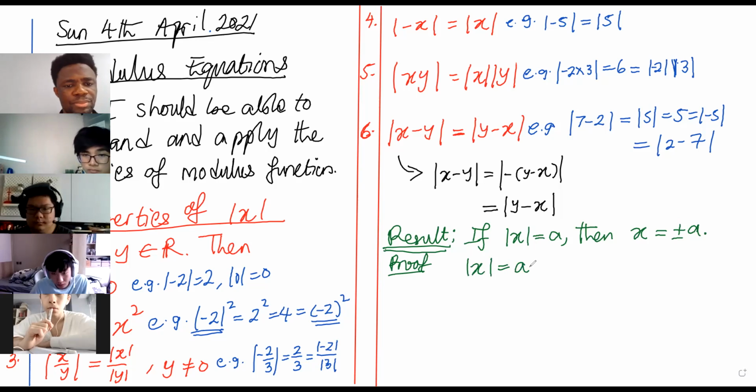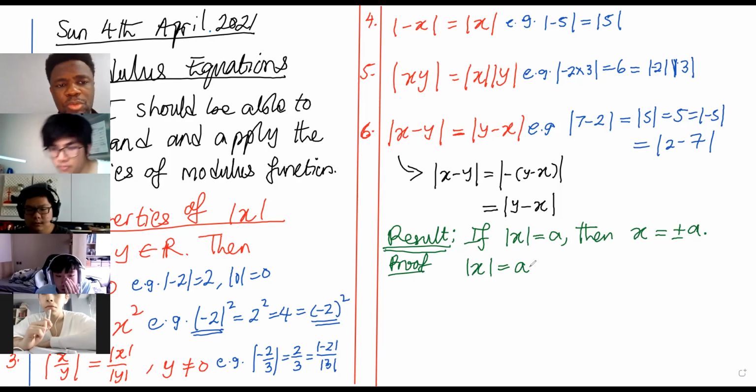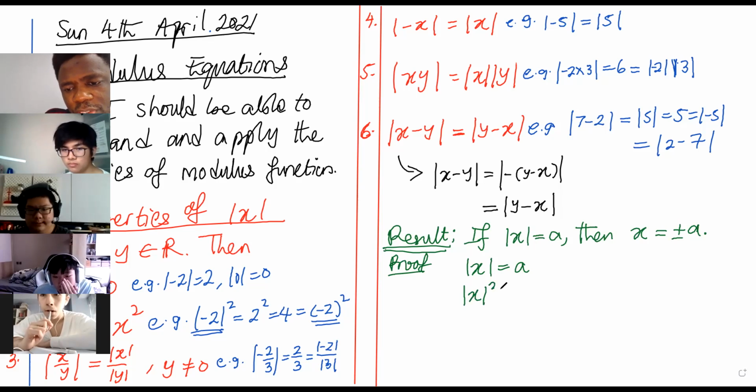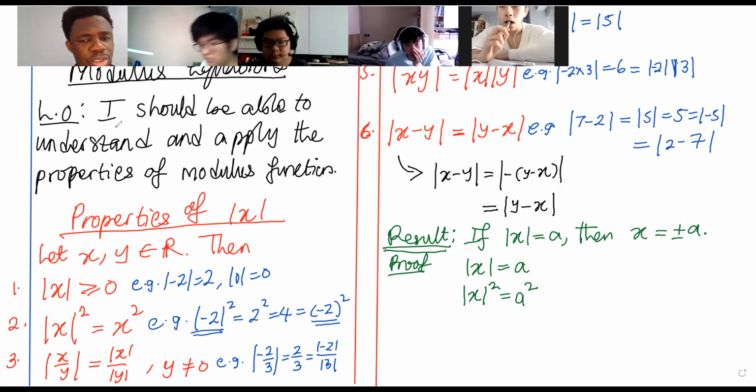Are you listening? I need you to listen, please. From the absolute value of x is equal to a, we can square both sides. If you square both sides, you have this is equal to a squared. Which of the properties does this look like? Property 2.